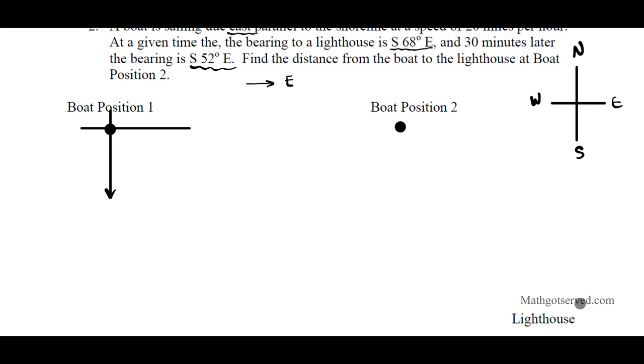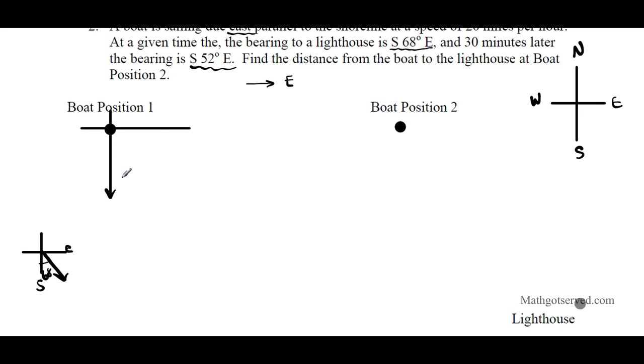Let's draw this on the side first and resolve it so we don't get it mixed up. This is south. So we're rotating in the eastward direction, which is going to be counterclockwise. So going towards the east, we're going to rotate 68 degrees in this direction.